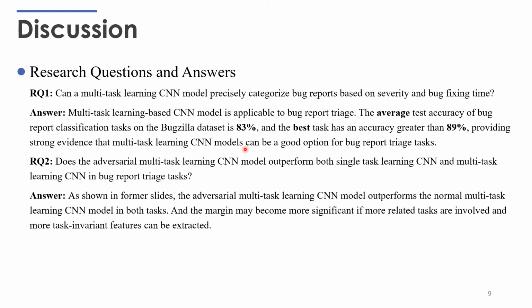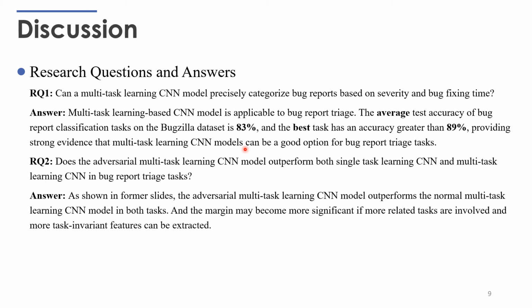The average test accuracy of bug report classification tasks on the Bugzilla dataset is 83%, and the best task here, which is bug fixing time prediction, has an accuracy greater than 89%, providing strong evidence that a multitask learning CNN model can be a good option for bug report triage tasks.